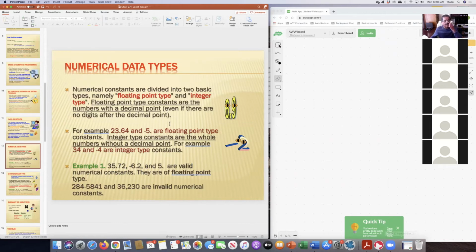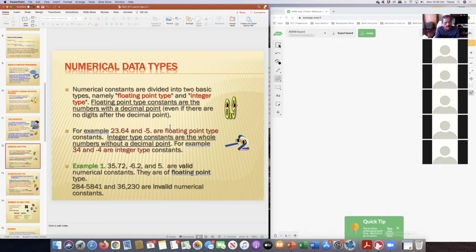Before looking at examples, the numerical data types are divided into two: floating point type and integer type. Integer type will be a number without a decimal point. Any number that has no decimal point. Normally in math, integer number means a whole number, right? In computer science, there's a slightly different definition.